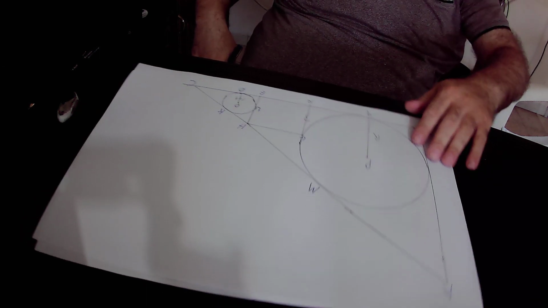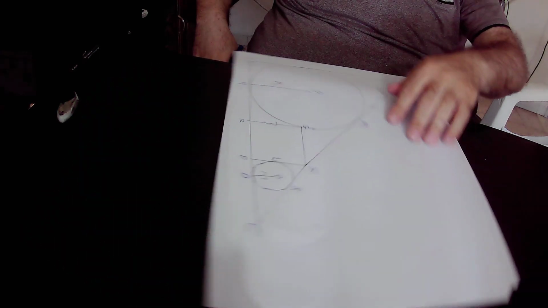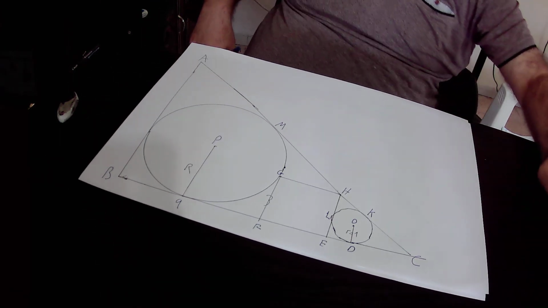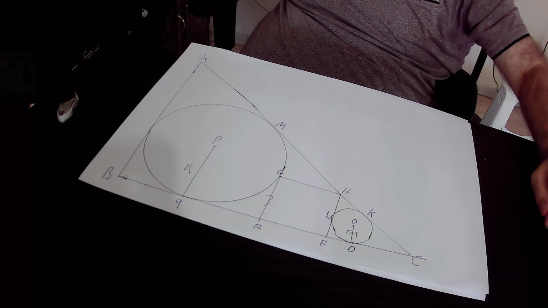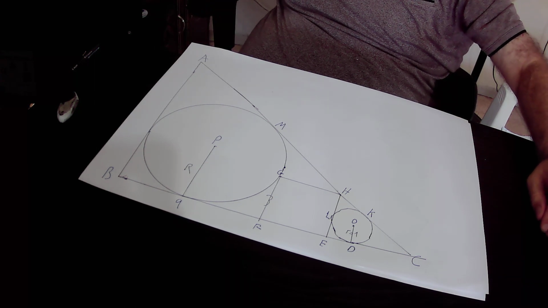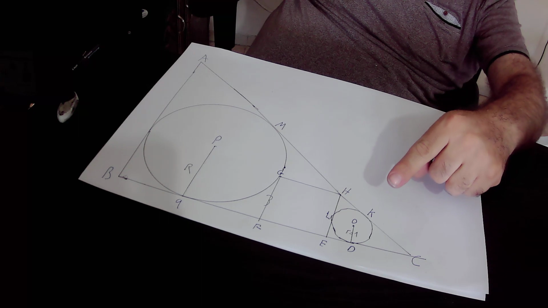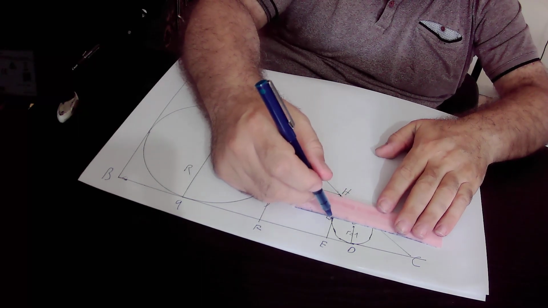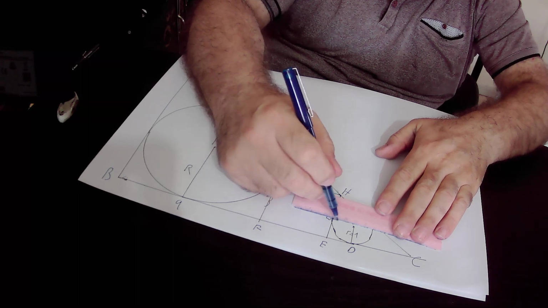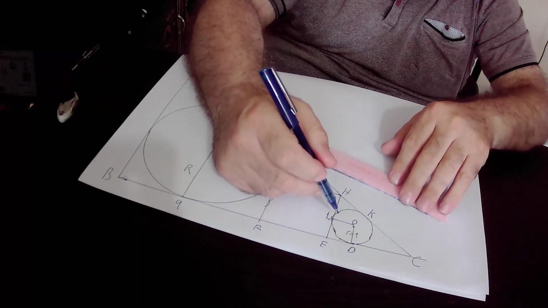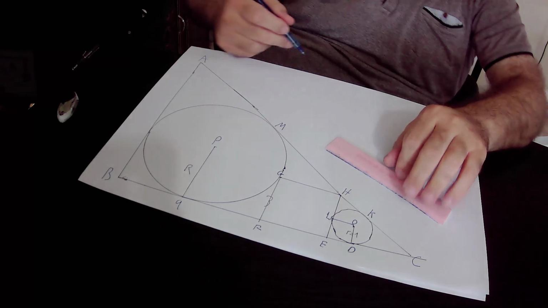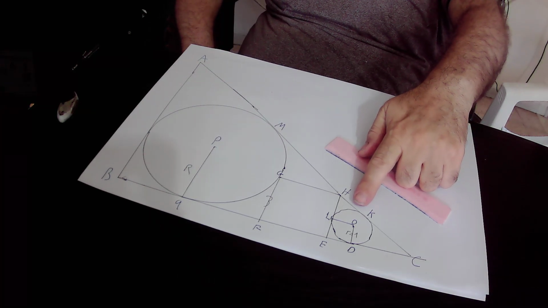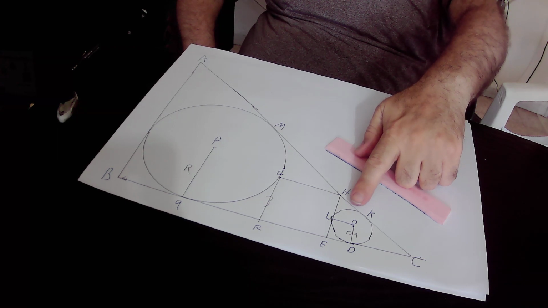So here we join points L and O together by a straight line. Point O is the center of the circle, point L is the point of the circle itself, therefore LO is the radius of the circle that is equal to 1 unit.